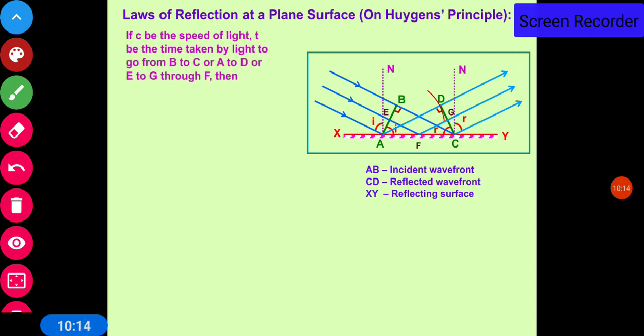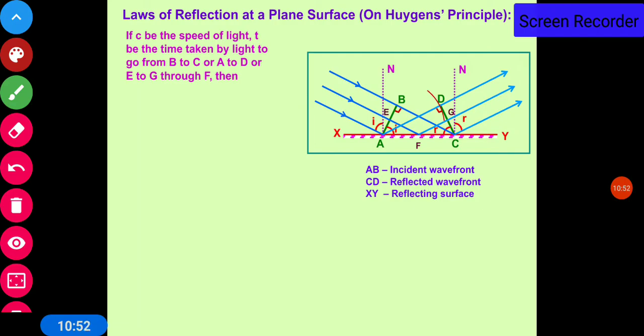Let c be the speed of light, and let t be the time taken by the light to go from B to C, or from A to D, or from E to G through F. So the time remains the same: the time taken from all points on the incident wavefront AB to reach the corresponding points on the reflected wavefront CD will be the same.